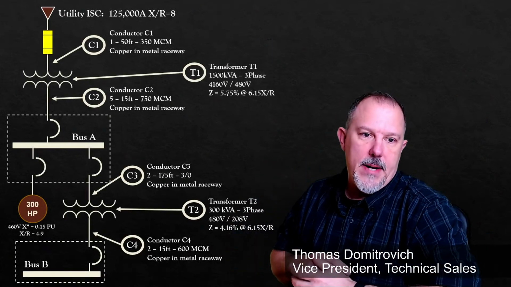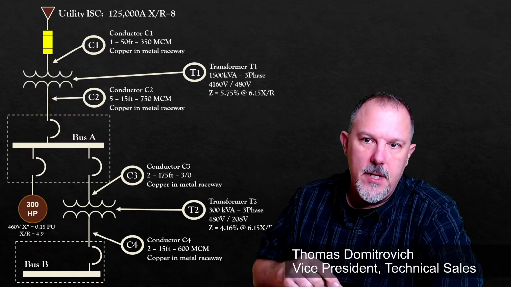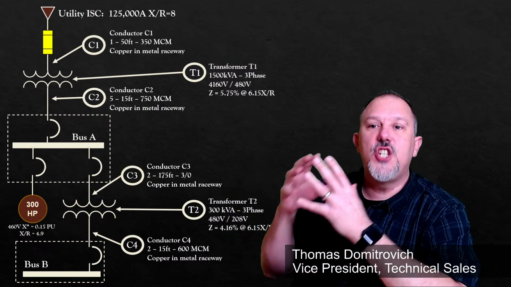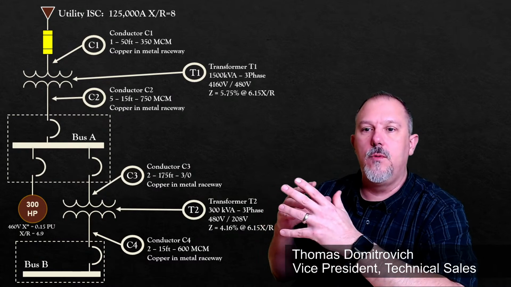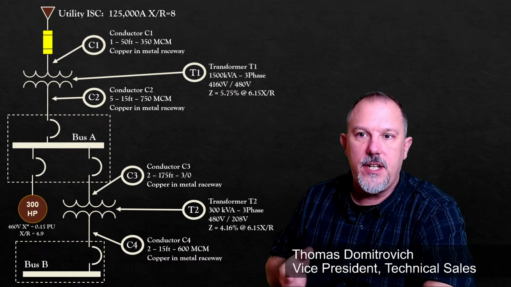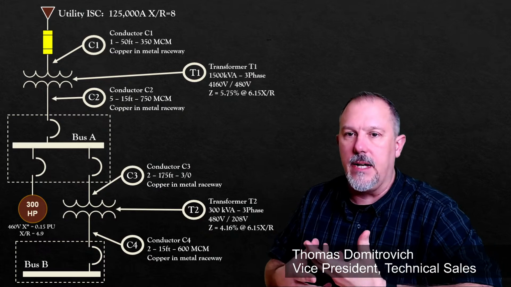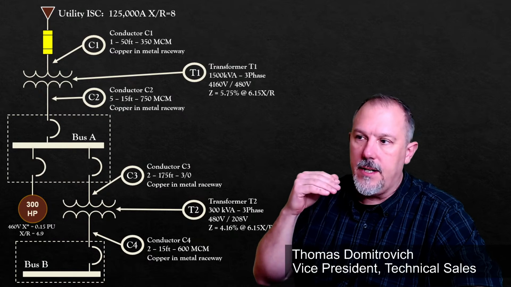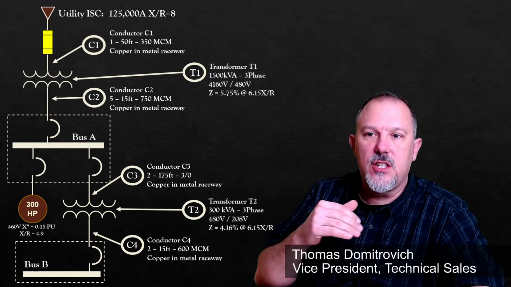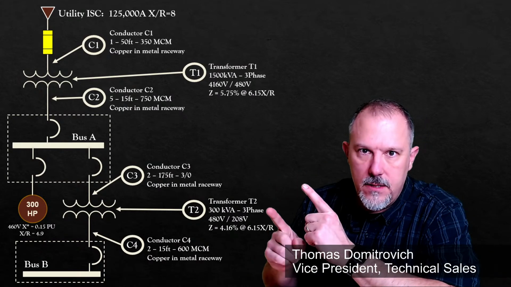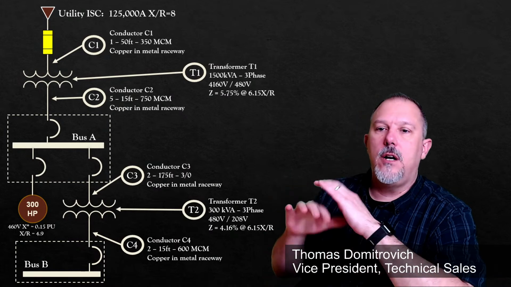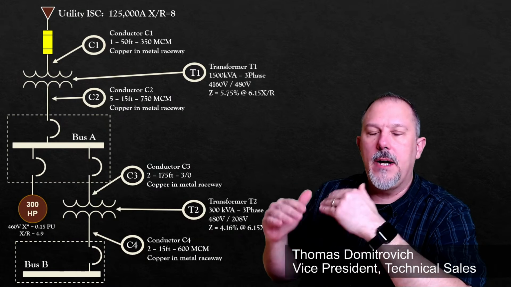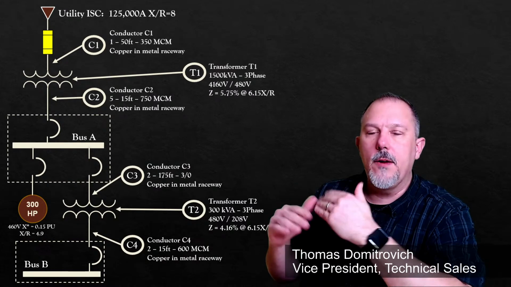We were talking about this one-line diagram. We made some changes to the single-line diagram to address some incident energy and implement some basic design parameters. But what I wanted to do was get us back to square one on this, and not worry right now about rearranging the one-line diagram.